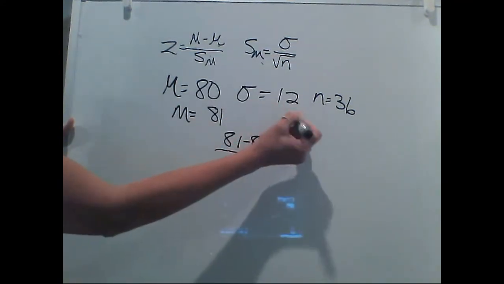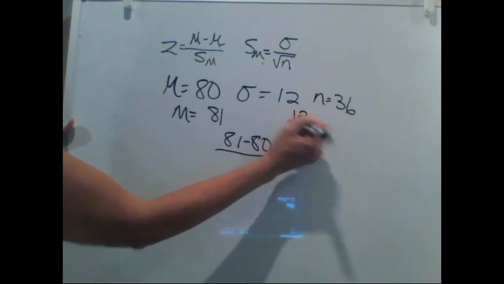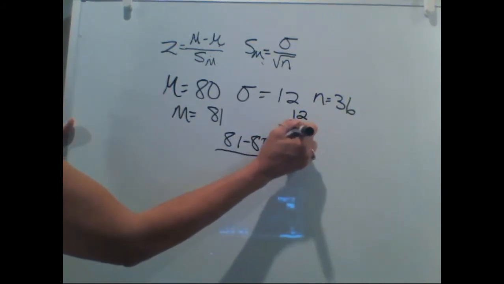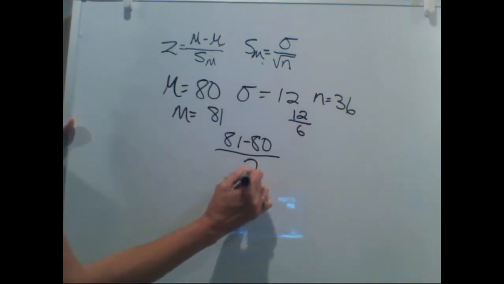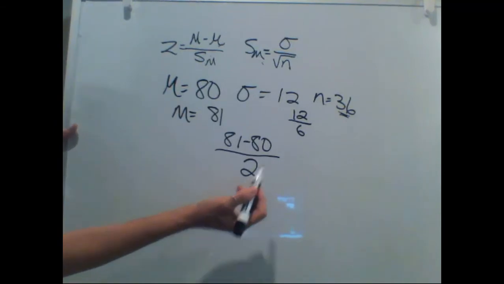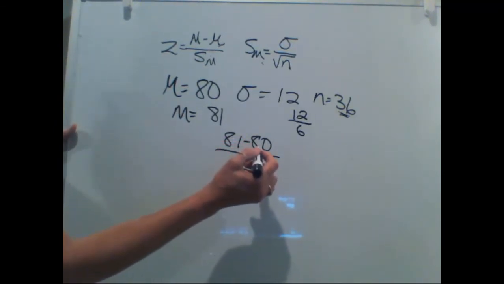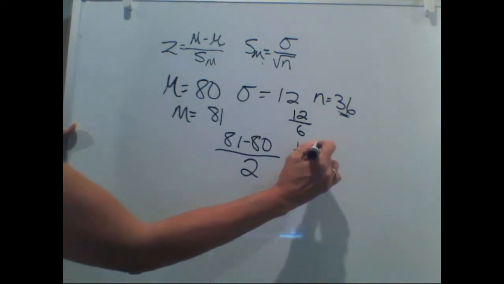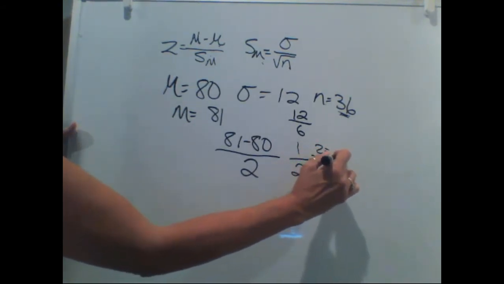We have a standard deviation of 12 divided by the square root of 36, which is 6. 6 goes into 12 two times. You'll notice that as our sample sizes are getting bigger, our error is getting smaller. Okay, 81 minus 80 is 1 divided by 2 gives us a z-score of 0.50.